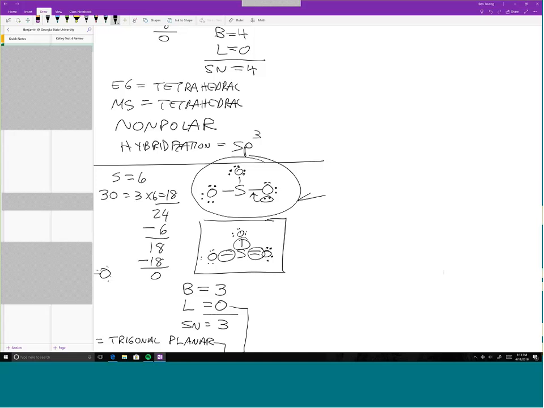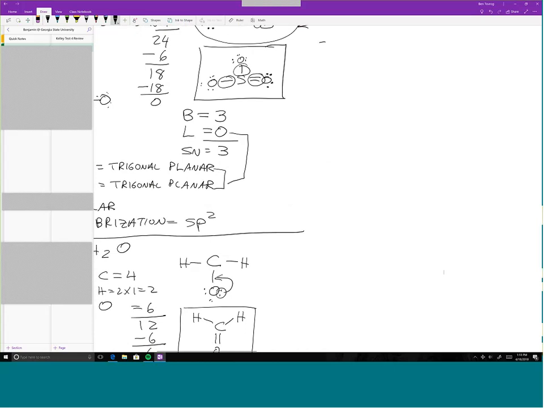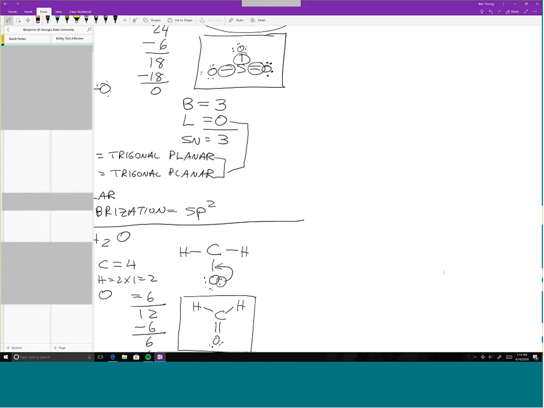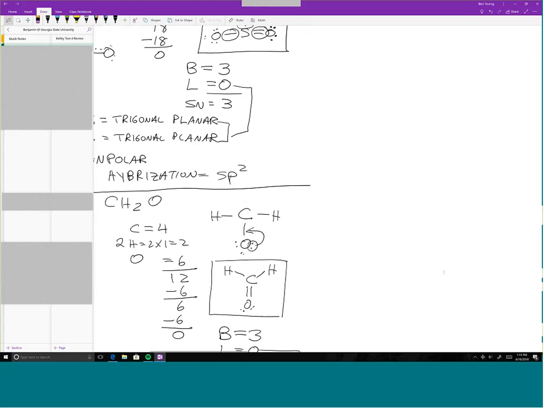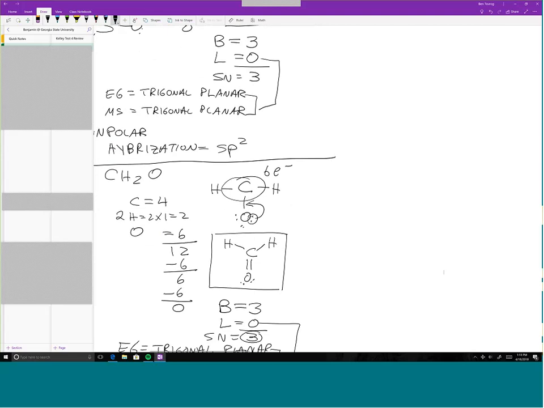So in SO3 we did that because we had to. I know some students love double and triple bonds and they draw them all over the place. It's only a measure of last resort. Here in the CH2O example, carbon only had 6 electrons. It was short. We had to bring a lone pair in to form the double bond.